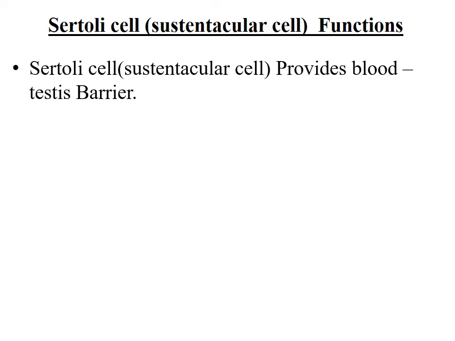There are many chemicals and various changes in the blood that can alter the behavior and the function of the sperms. So it is a highly isolated structure, so the blood will not be entering into the testis. And the Sertoli cells provide the blood-testis barrier.